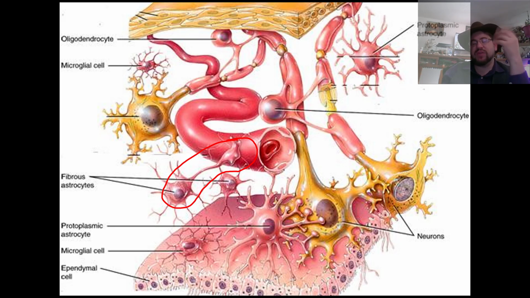Helps filter out various toxins and various toxic concentrations of stuff. Also does an efficient job of preventing a lot of drugs from affecting your brain. At any rate, the blood-brain barrier, if you've ever heard the term, that's created by these little cells that surround, glial cells that surround blood vessels.